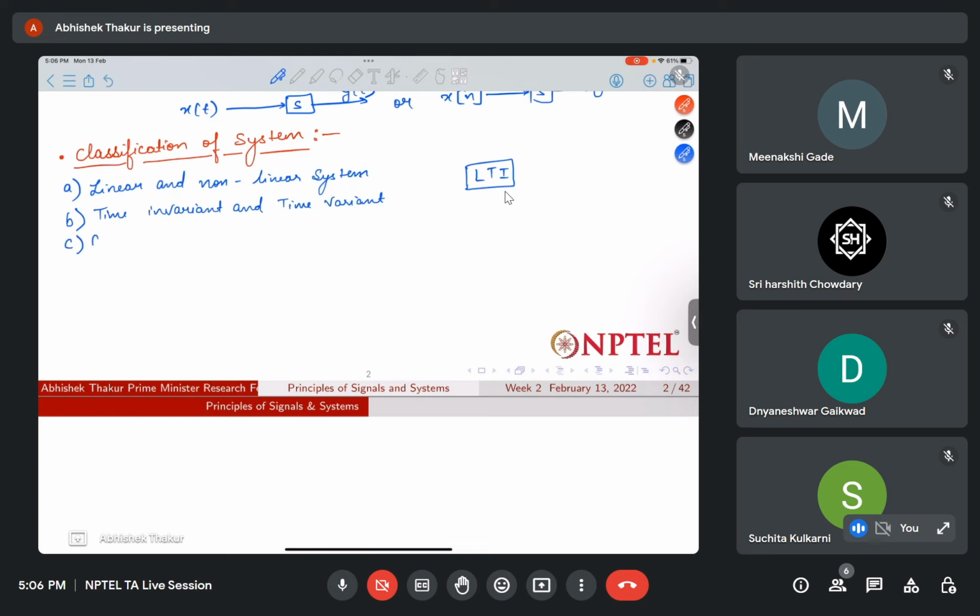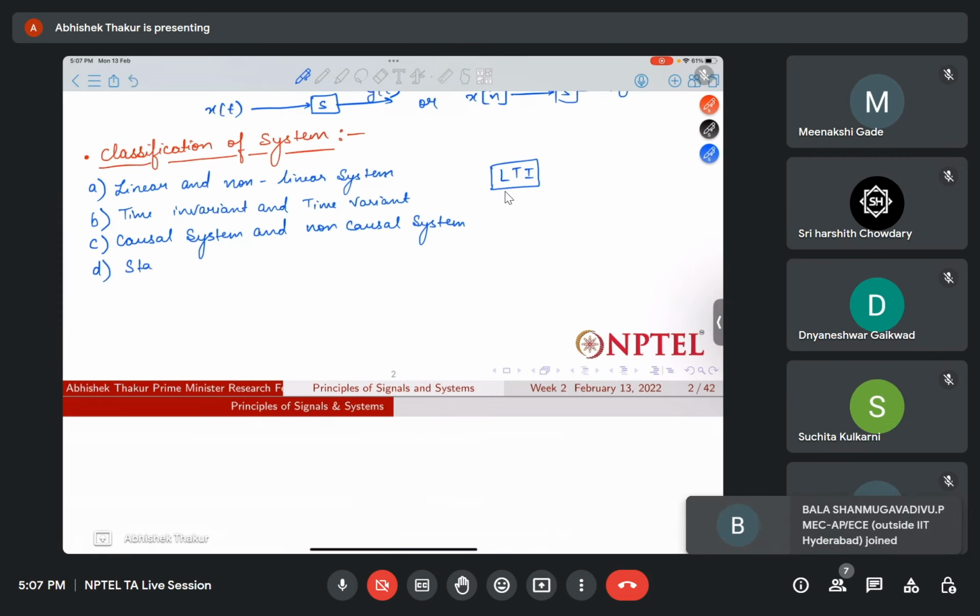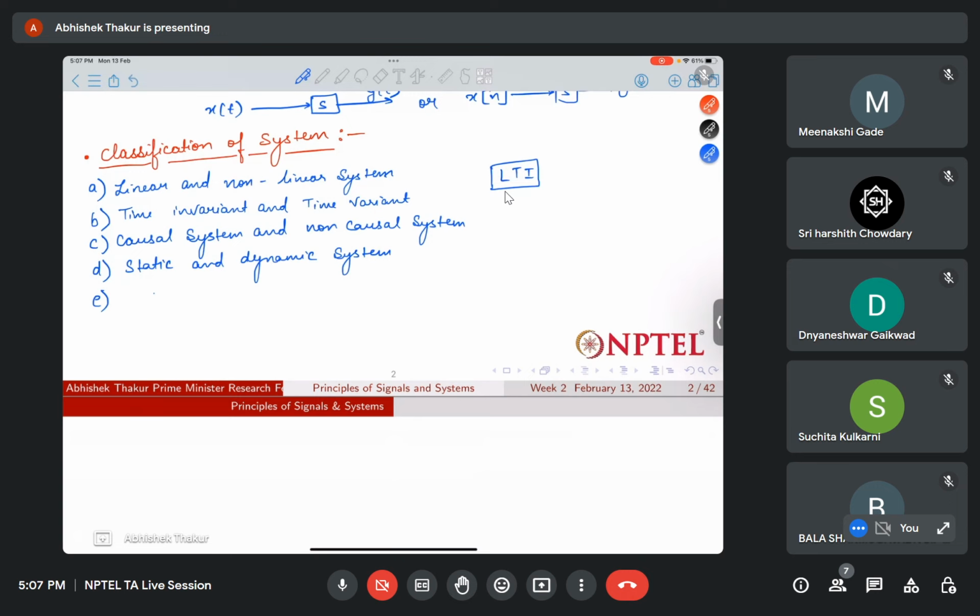Third is causal and non-causal systems, then static and dynamic systems. We'll see the definition of each one of them.